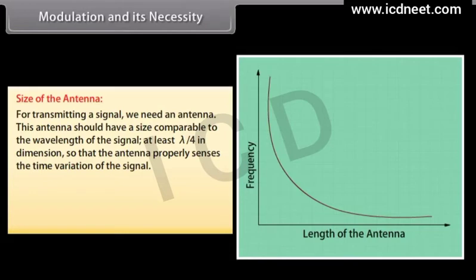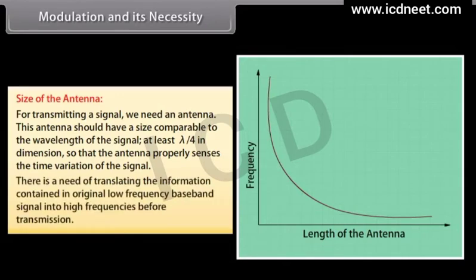For an EM wave of frequency 30 kHz, the wavelength λ is 10 km. It is not possible to construct and operate such a long antenna. Therefore, there is a need of translating the information contained in the original low-frequency baseband signal into high frequencies before transmission.